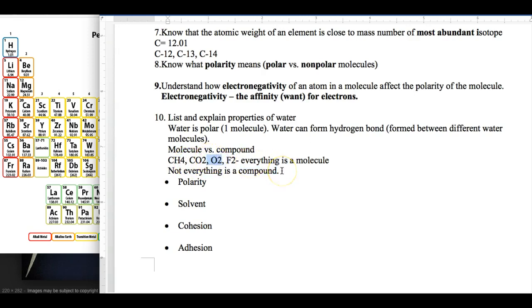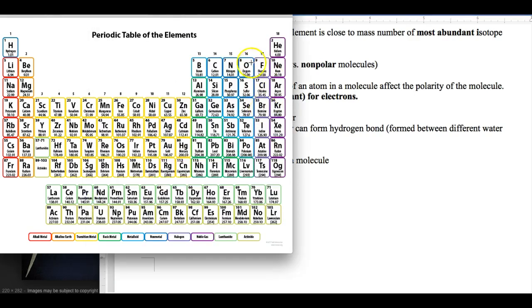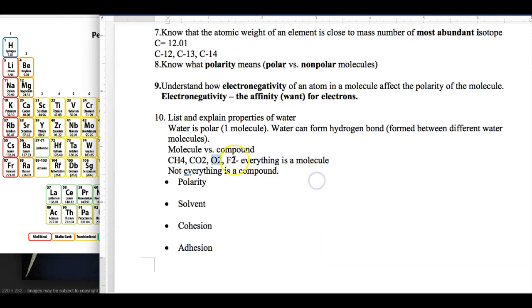This is why you have to know the difference between an atom and an element. This is one type of element because this is only one box on the periodic table. This is another, as this molecule on its own, it's only one type of element. So these two, O2 and F2, they're only molecules and they're not compounds.